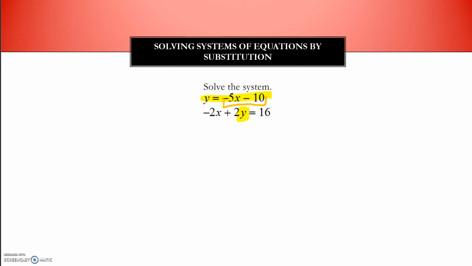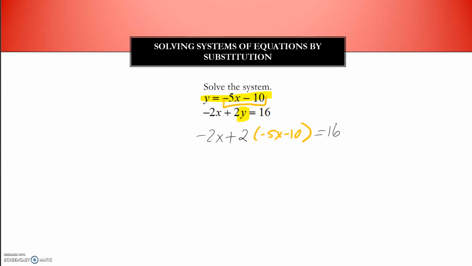So I can say negative 2x plus positive 2, substitute negative 5x minus 10 for y, equals 16. And there's the substitution. That's why it's called substitution.